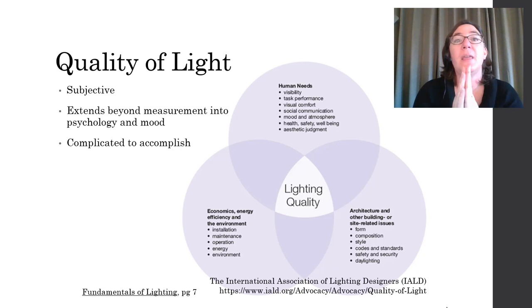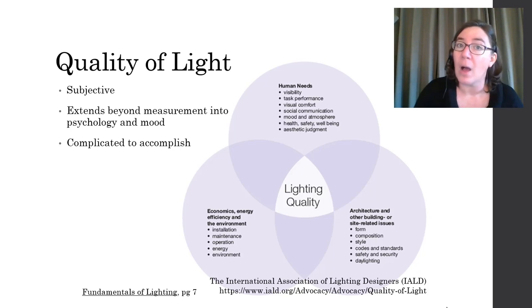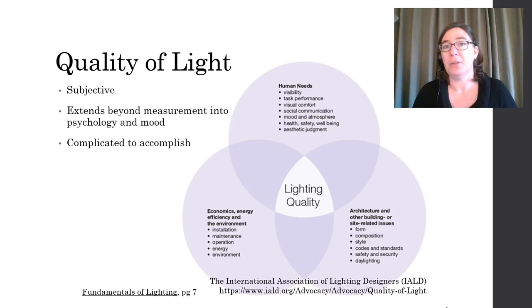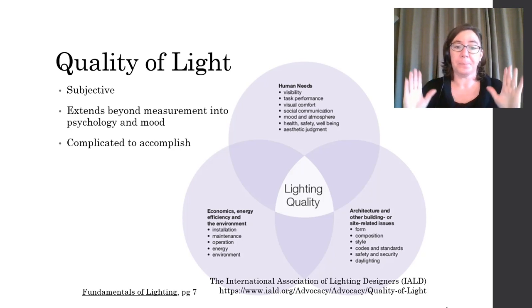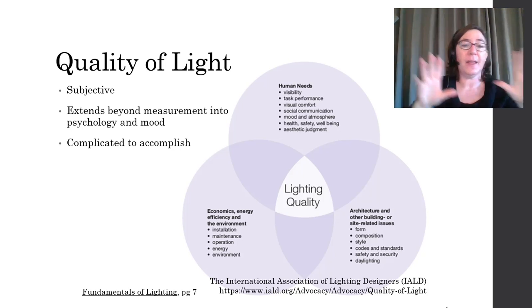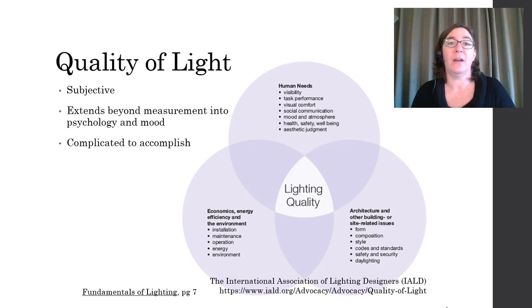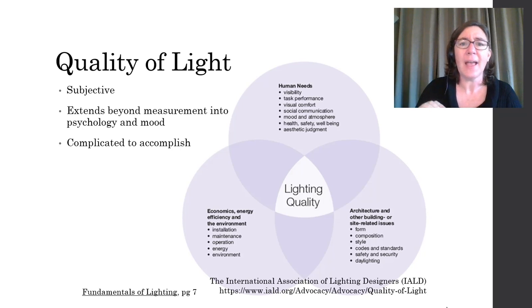Achieving a good quality of light is complicated to accomplish. And the International Association of Lighting Designers, IALD, has this kind of three-part system to describe what a quality lighting environment does.